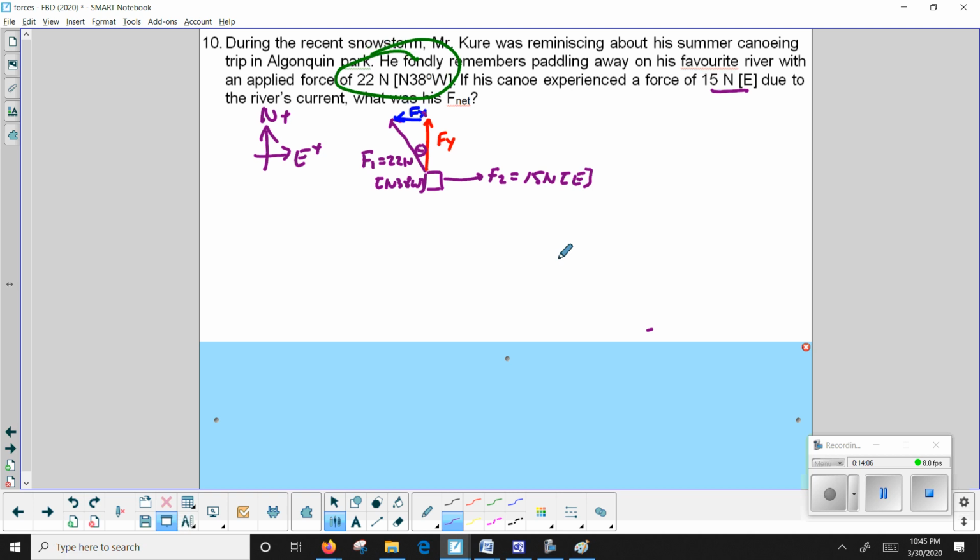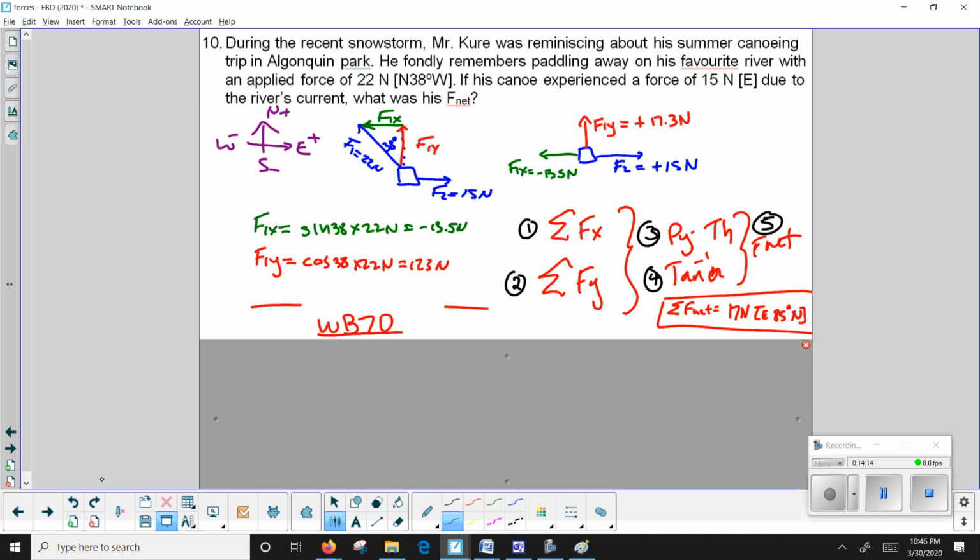And then once I have those, I can find my overall total in the x and y, and then be in business. The only thing I suggest is, instead of leaving the triangle like this, leave the F1y here, but then the F1x, bring it down on your free body diagram. I like to draw a new free body diagram sketch.